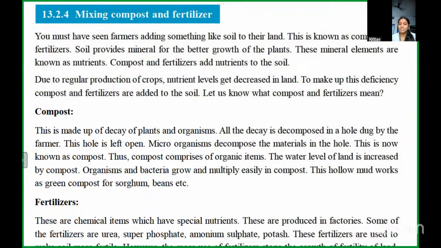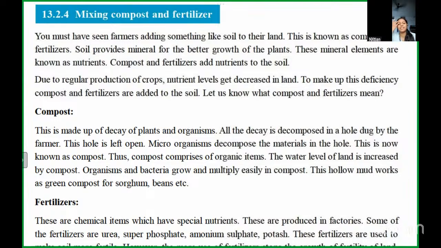Infertile soil means soil that loses its nutrients; chemical fertilizers and chemical pesticides sometimes make the soil lose its fertility. Then comes the pH of soil. Do you know soil also has a pH? If the soil is very acidic or very basic, plants cannot grow in it.